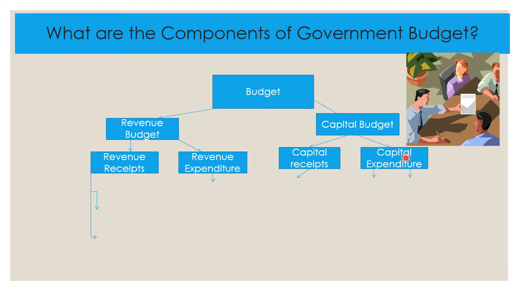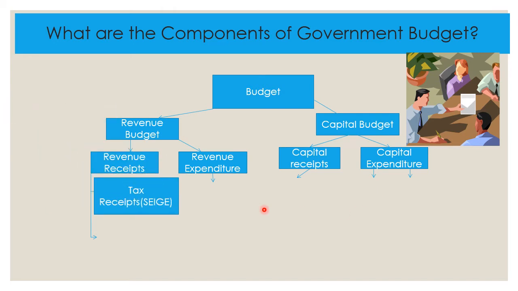While in capital expenditure, the money in this account of the capital budget will be used to spend on creation of assets or purchase of assets like shares, bonds, or any other investment of the government. And this money will also be used to pay off loans. So we say that in capital expenditure, those items will occur wherein there is creation of assets and reduction of liability.